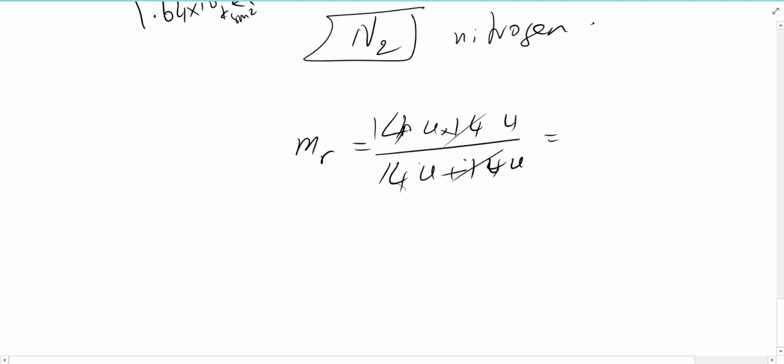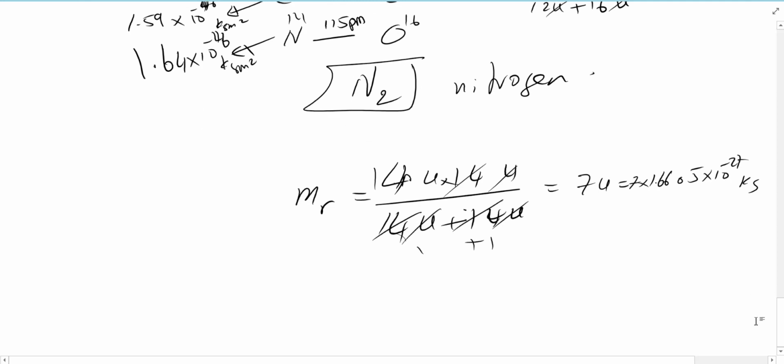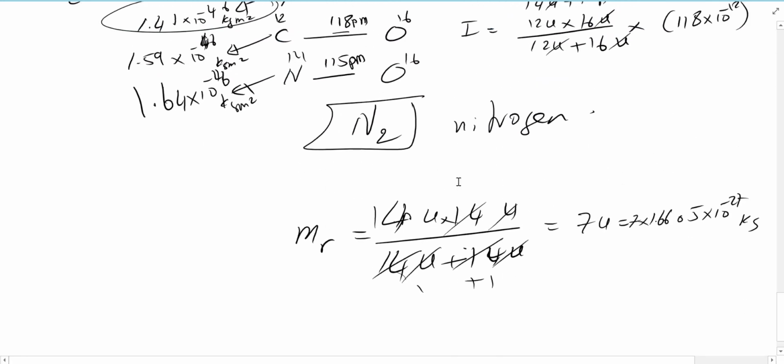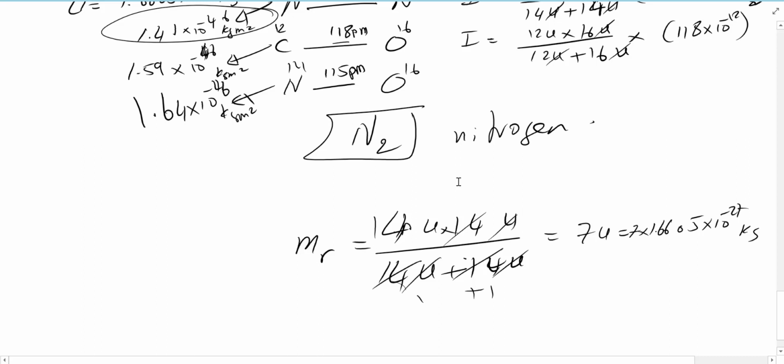So we can reduce this one by 14, and u is gone, and this one is left 1 plus 1, which is 2. 14u divided by 2 is 7u, and 7 times 1.6605 times 10 to the negative 27 kilograms. I'm not going to bother with the calculation right now, but you can do that kind of math in here. 7 times that number, so it's going to be something times 10 to the negative 26 kilograms. So that is the reduced mass.